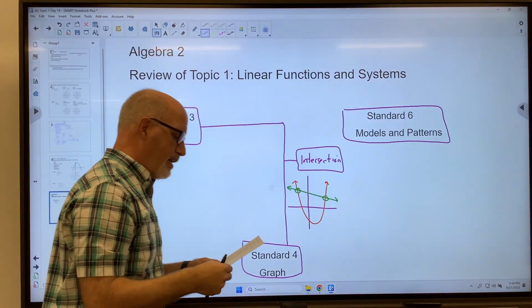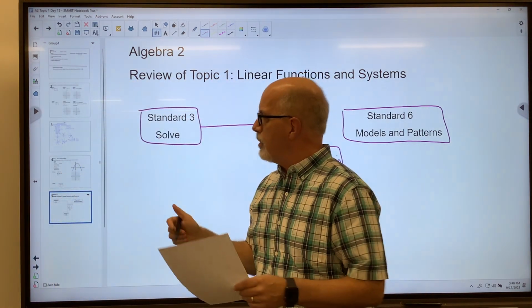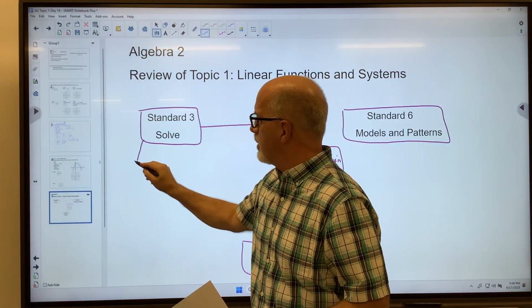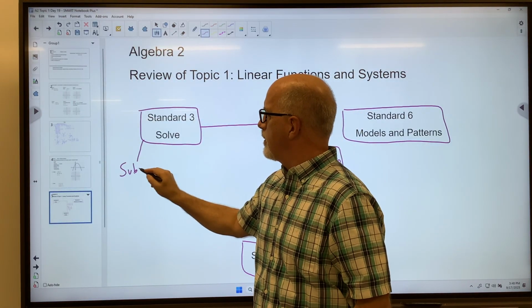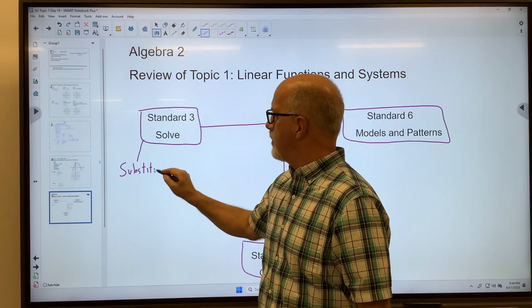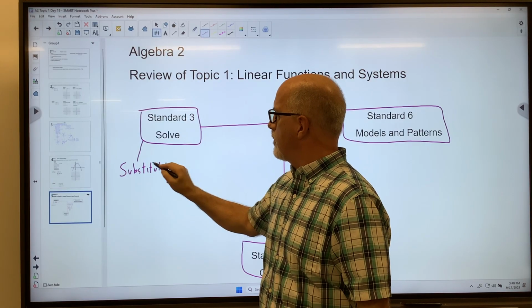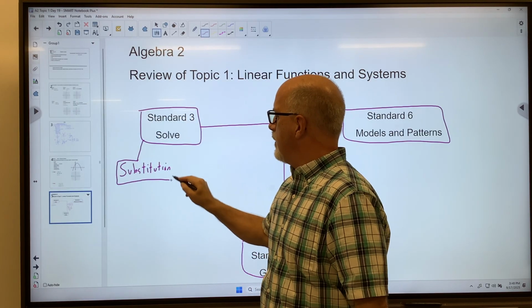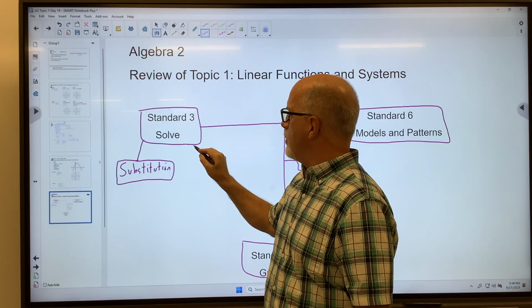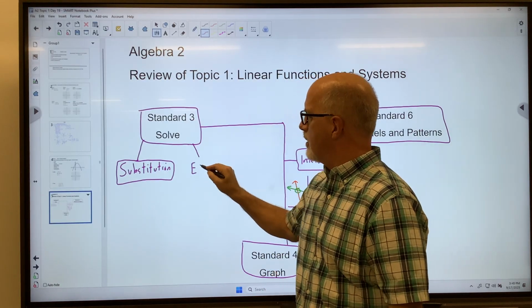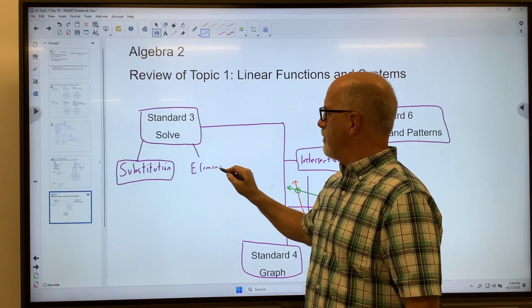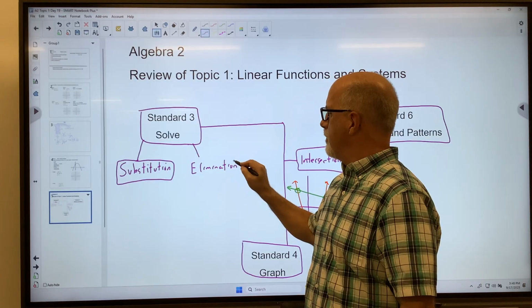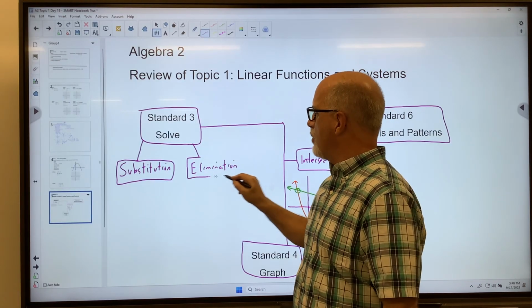Now the other methods that we used were substitution, and the last method we used was called elimination, sometimes called linear combination.